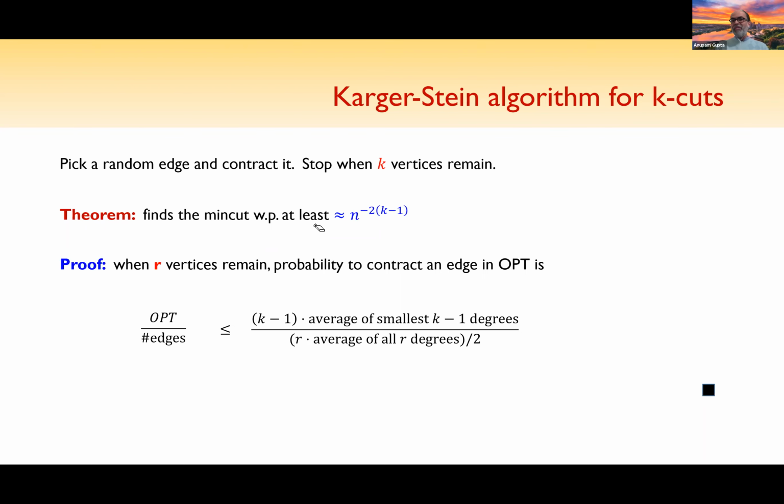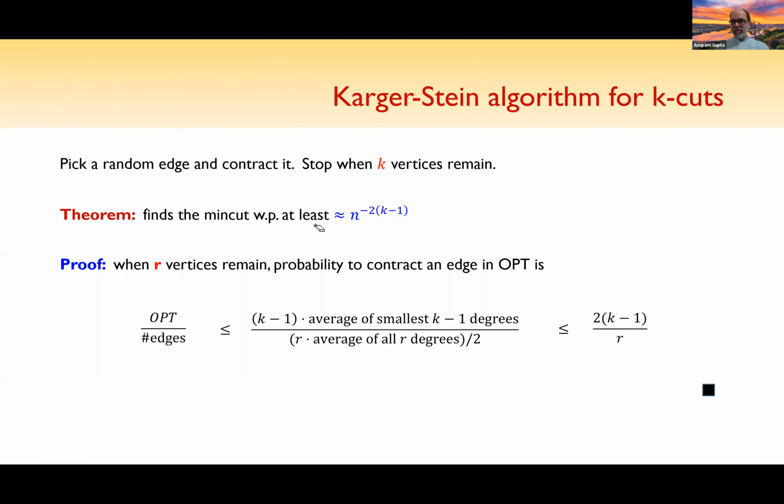k minus 1 times the average of the smallest k minus 1 degrees. And the number of edges is, just by the handshake lemma, the r vertices remaining times the average of all r degrees, divided by 2. And now you notice that the average of the smallest degrees must be smaller than the average of all degrees.